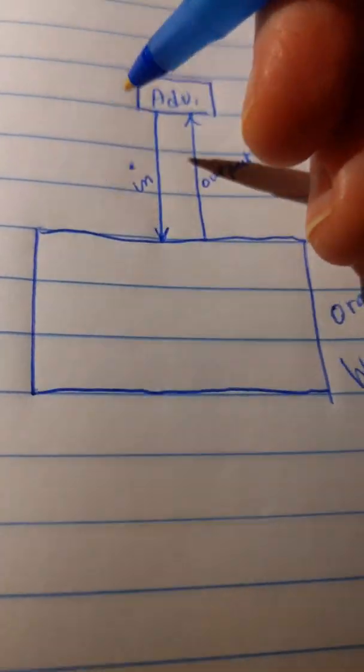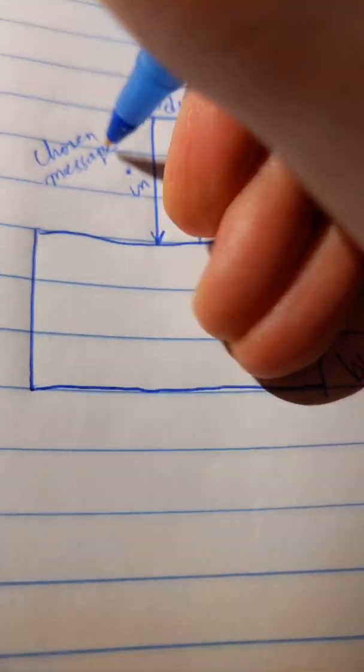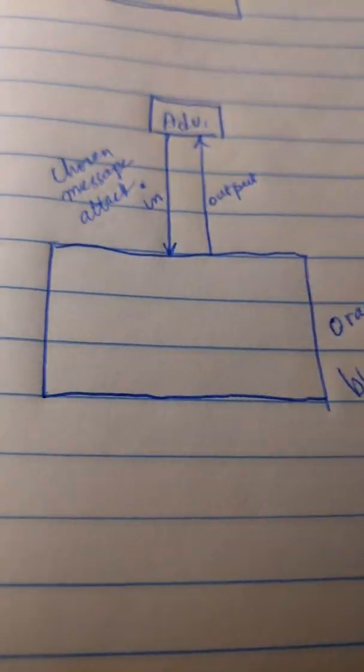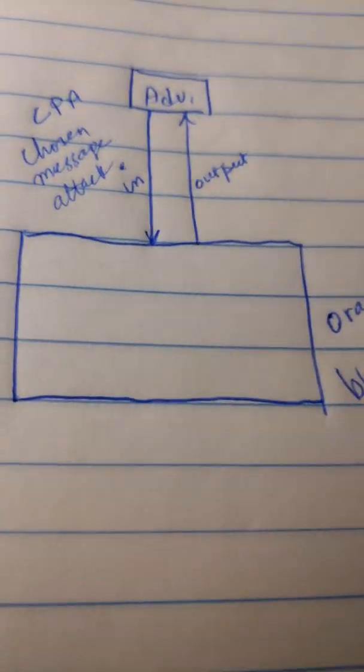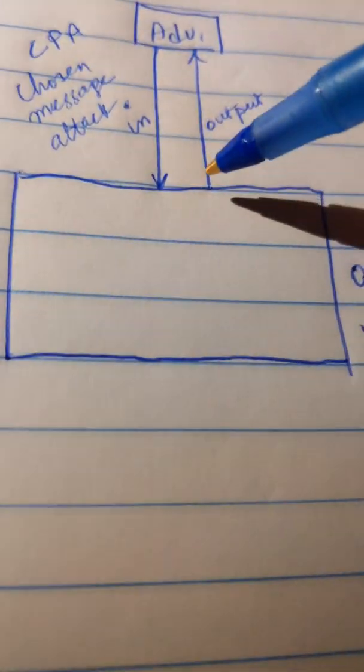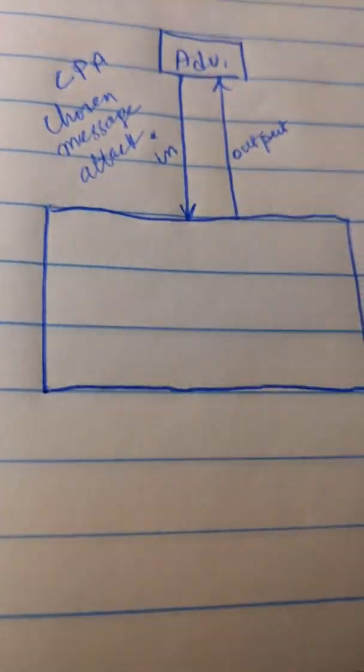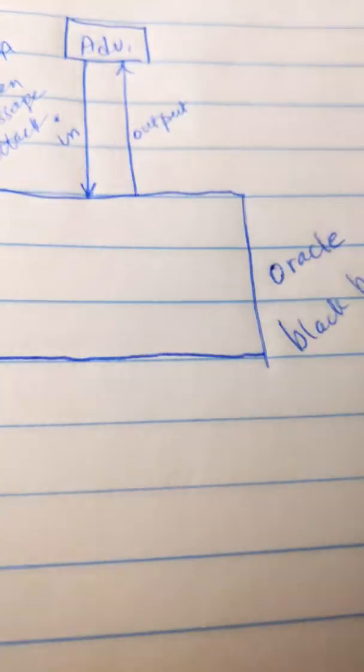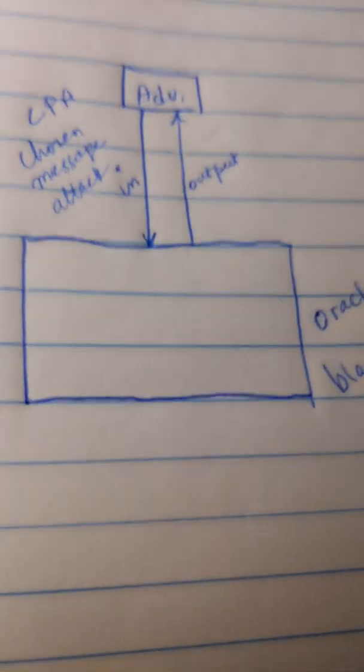And this input is usually referred to as a chosen message attack, or a chosen plaintext attack, CPA. So this is the input, and then like I said, he's also allowed to observe the output coming out of that black box.